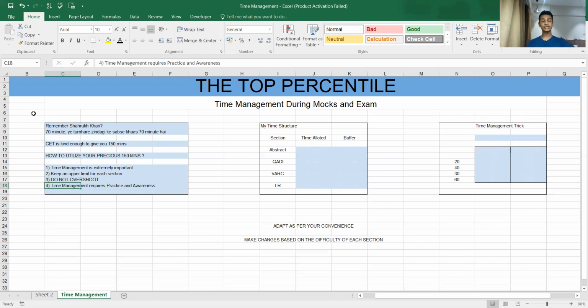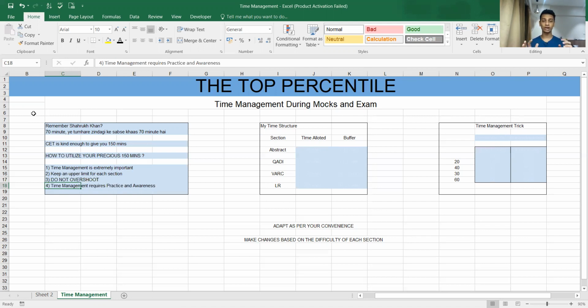Well, time management definitely requires practice and a lot of awareness while you're giving your mock or while you're giving your final exam. A lot of times you will just be lost in the question, you'll just be lost in the complexities and the enjoyment of solving a particular question.